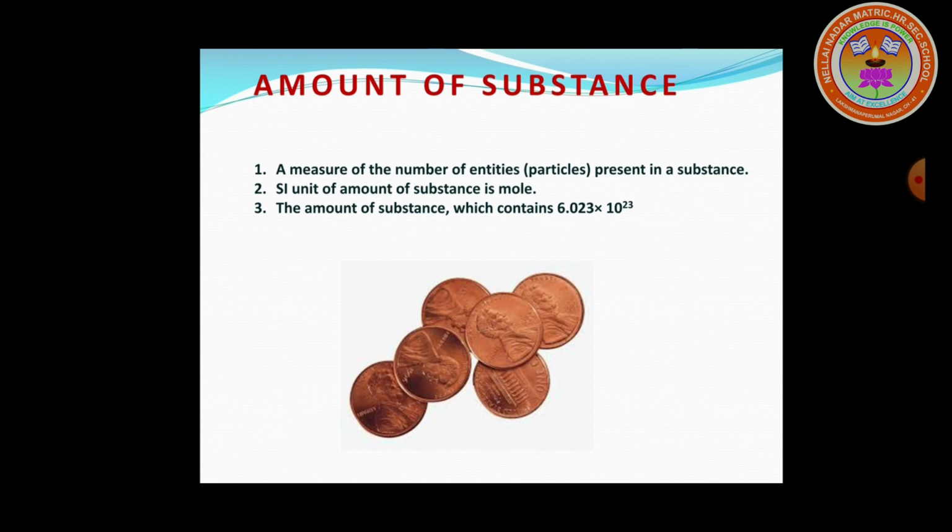That measuring quantity is called the amount of substance. What do you mean by particles? The particles may be an atom or molecule or ions or electrons or protons, etc.